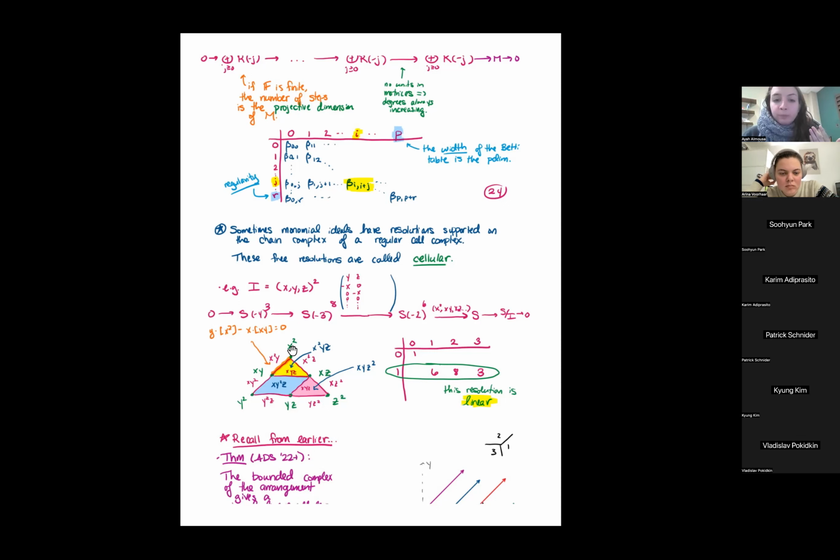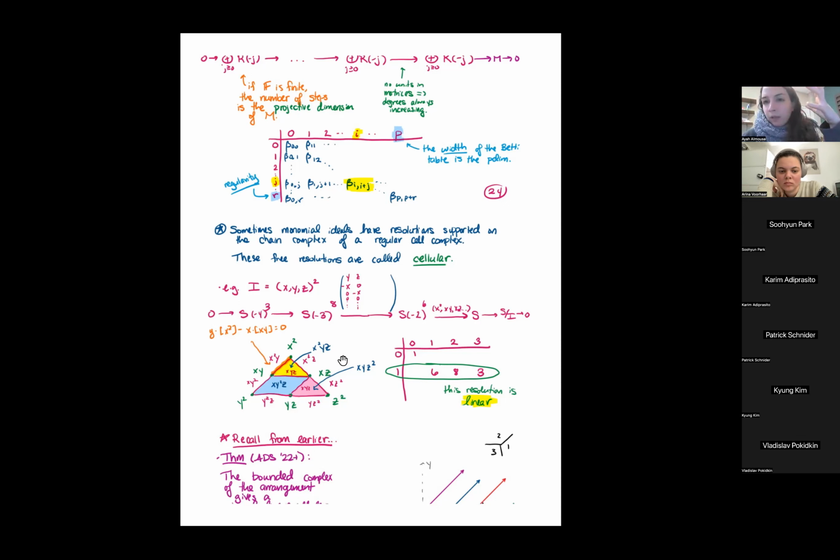I take this particular free resolution with this particular choice of maps, and it's actually going to correspond to this picture. What you imagine is that if you got rid of all the variables and just had 1s and -1s in the matrices, and replaced these with the field k to the 6th, k to the 8th, and so on, you would get the actual chain complex for this cell complex without the monomial labelings.